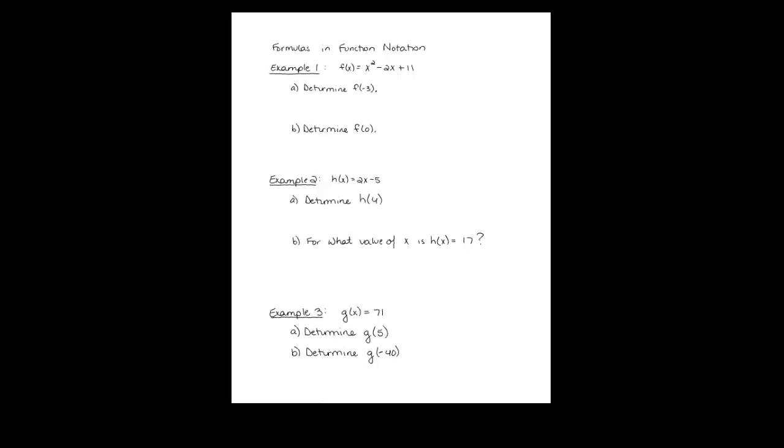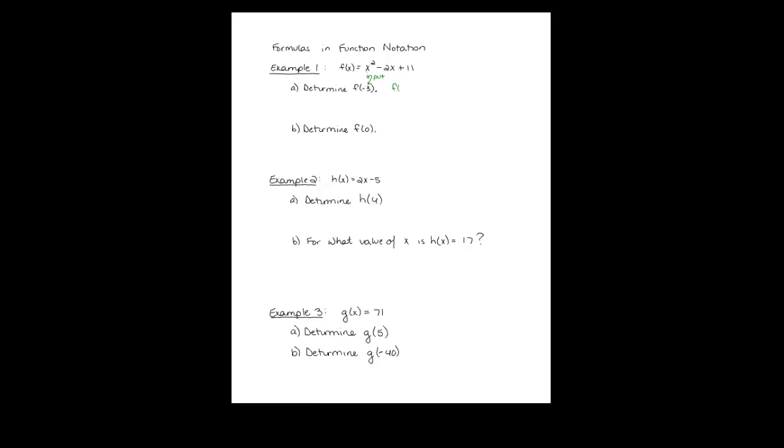So in part A, we're asked to determine f of negative 3. Now the negative 3, because it is located inside the parentheses, we know that the negative 3 is the input value. So to determine f of negative 3, we're going to replace all of the x's with negative 3.